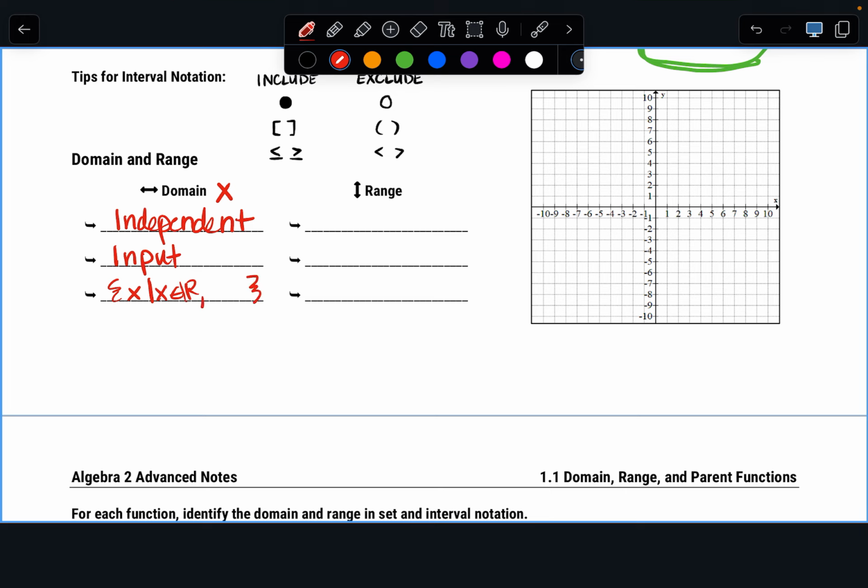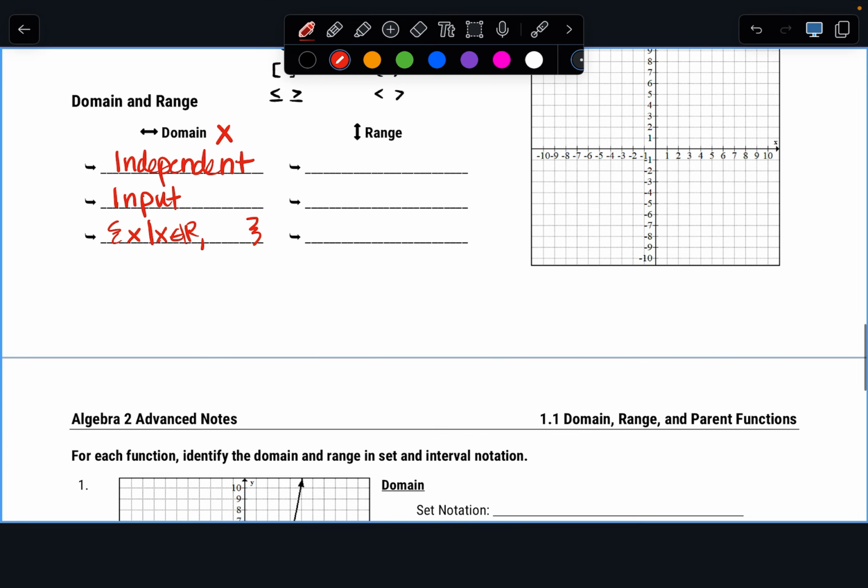Whatever restriction follows every single time. So if you are asked, write the domain of this graph, and it's a question that says write it in set notation, you will start it this exact same way every single time. And I'll make a little note. Start set notation this way.